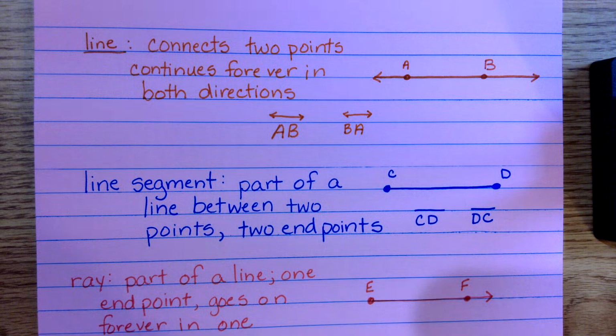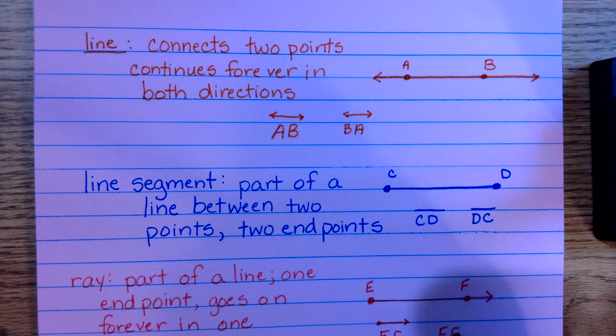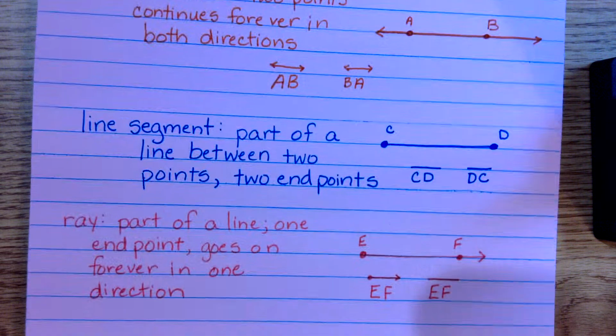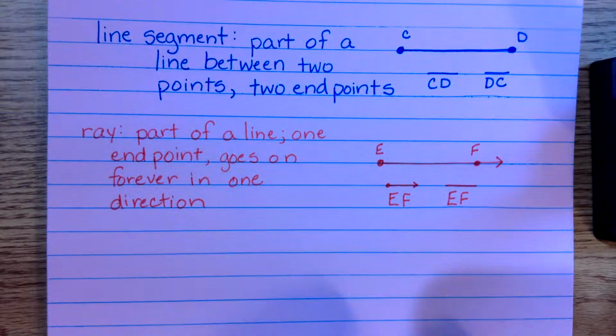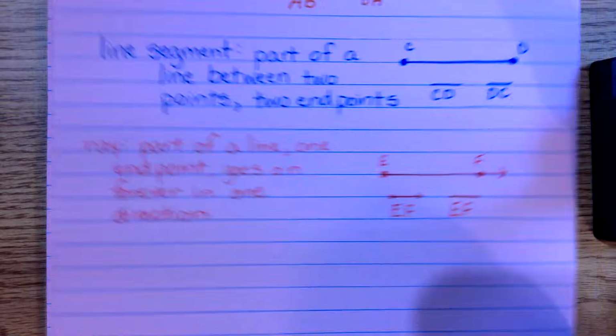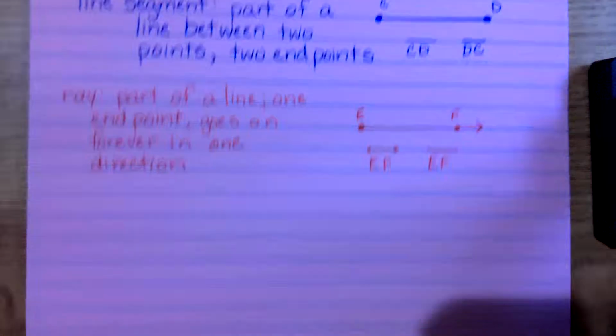Here's the point it passes through, and it goes on and on forever. So a ray is titled by the endpoint and the point that it passes through. You have to put the endpoint first, you might see it listed in one of those two ways. Sorry, I should have shown that to you a little bit better. Sometimes I get going and forget that you guys need to be able to see what I'm putting down.